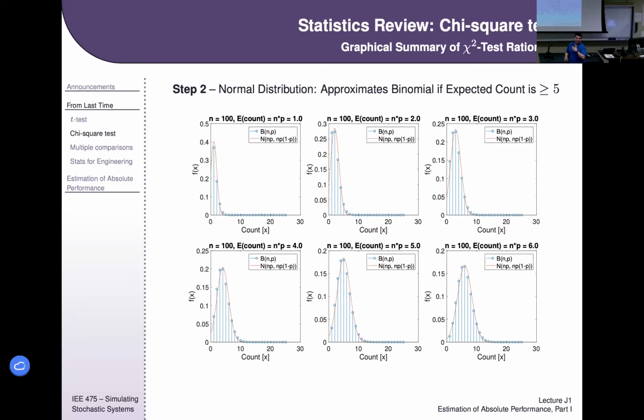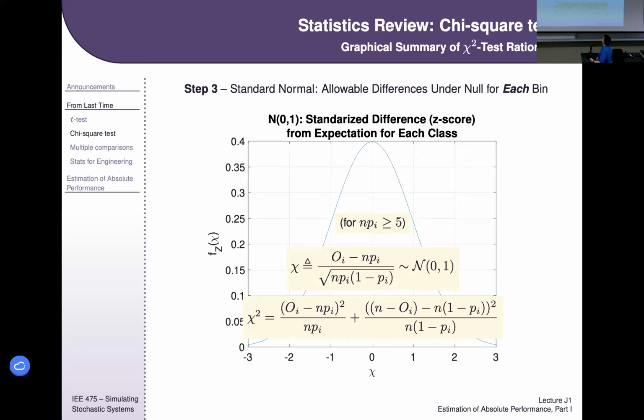And once you have that, you can replace all of these distributions of counts in every bin with standard normals. If you square those standard normals and add them together, you get a nice little metric for how well you meet your desired distribution.